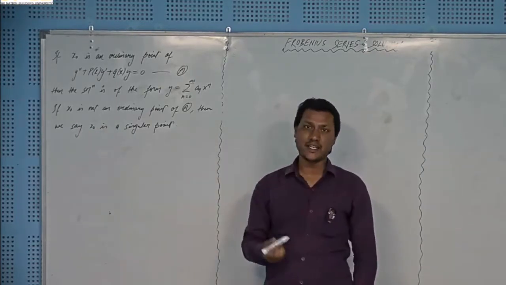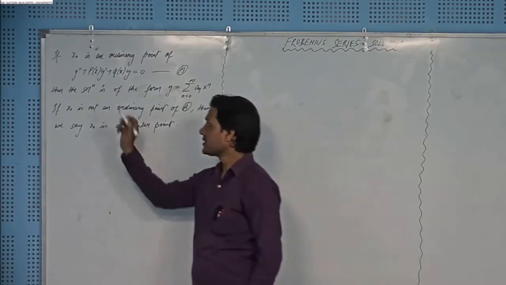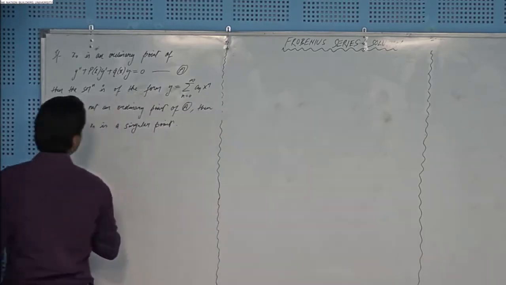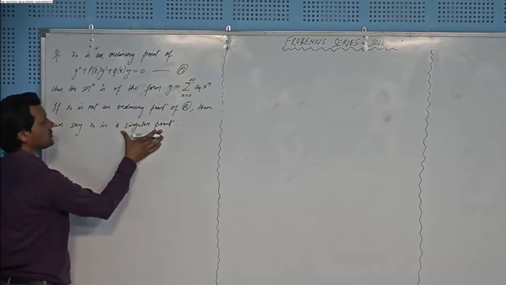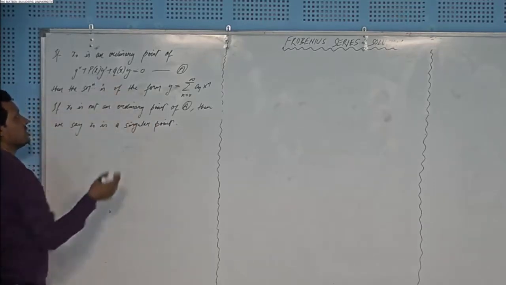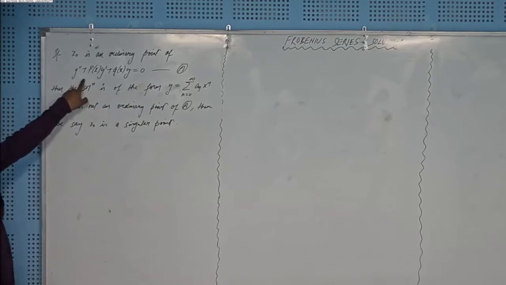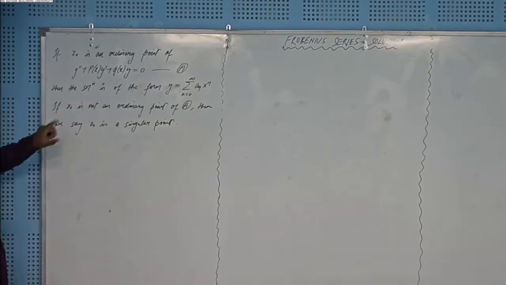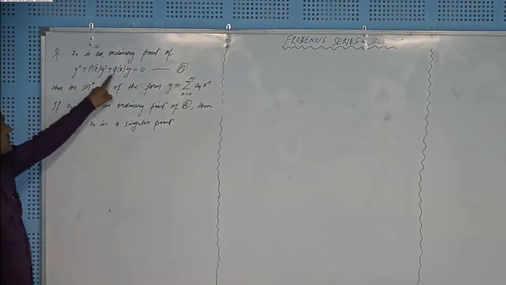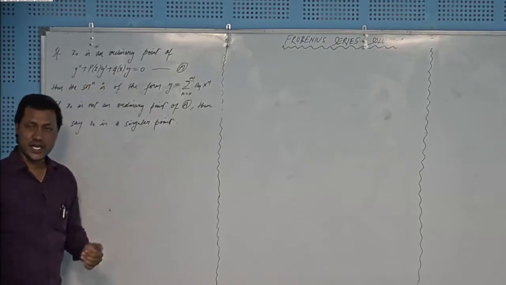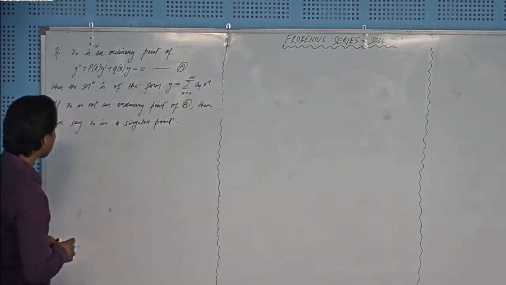A function having singularity at x naught will be called a singular function, and x naught will be called a singular point, right? And when I say that x naught is a singular point of these px and qx, obviously the nature of the solution of this equation number A can be similar to the nature of these px and qx. If these px and qx are analytic at some point, then we say that the solution is also analytic at that point, right? So this is the key idea.